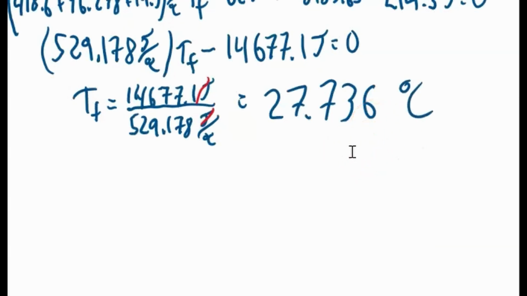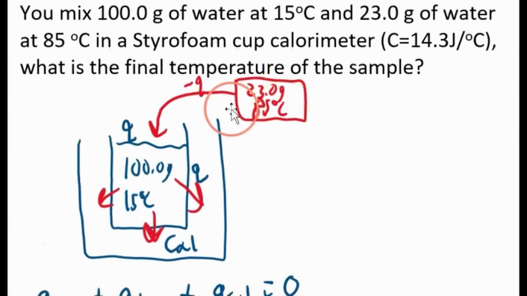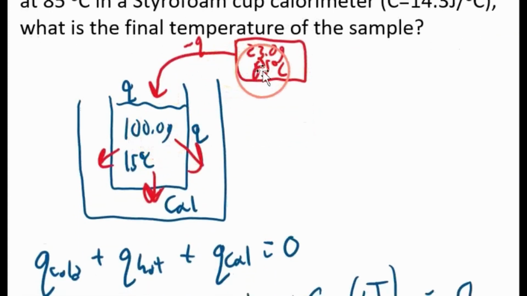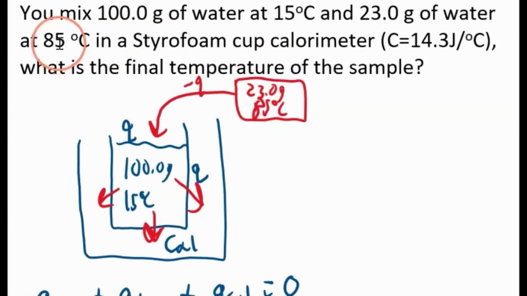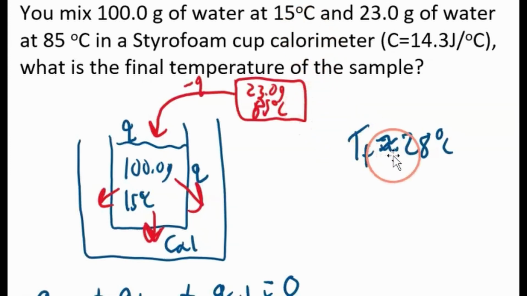Actually, let's see if this makes sense before we do sig figs. Does this make sense? It's about 28 degrees Celsius. We have 85 degrees Celsius adding to 15 degrees Celsius. Our T final is approximately 28 degrees Celsius. It's closer to the 15 degrees Celsius, which makes sense because we have a greater mass of water.